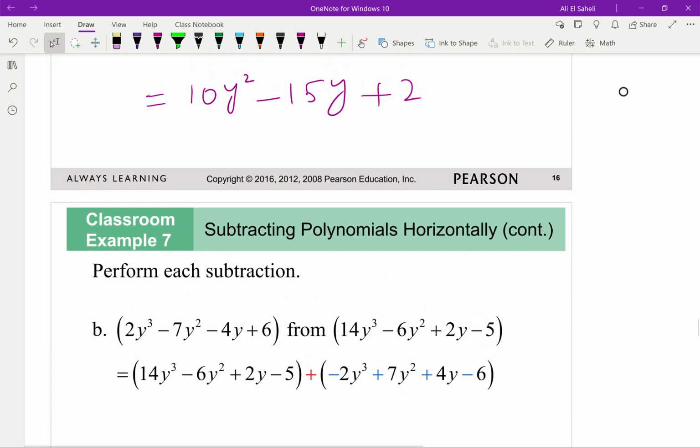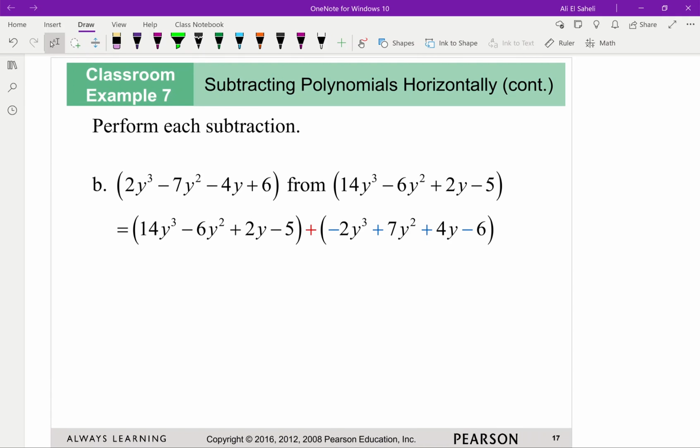All right, subtract this from this. So this is the one to be multiplied by minus. Subtract this from this. So we write 14y cubed minus 6y squared plus 2y minus 5, plus multiply each term here by minus.